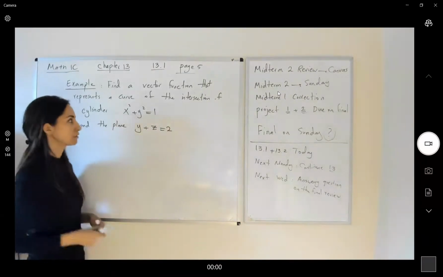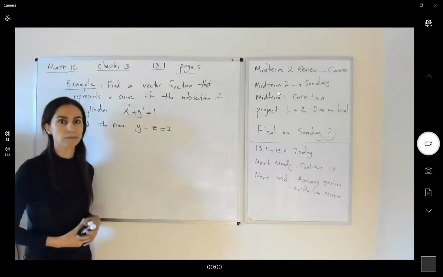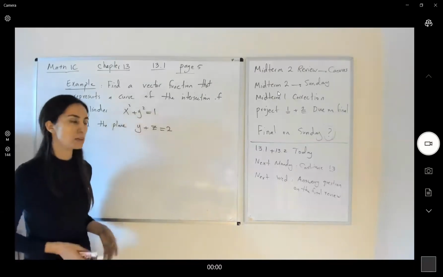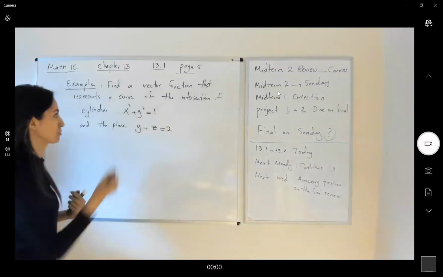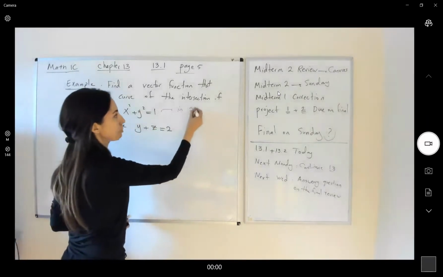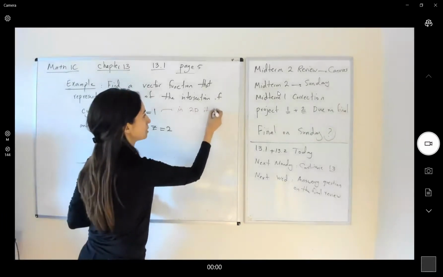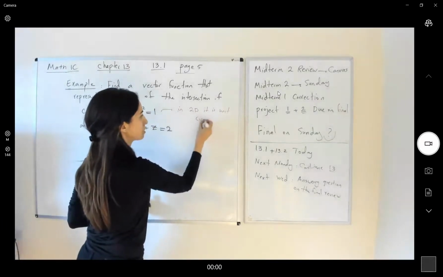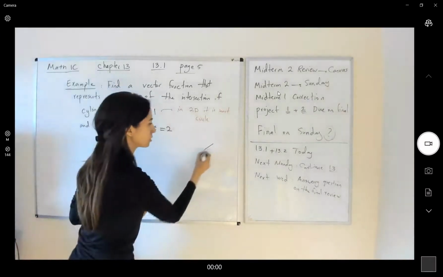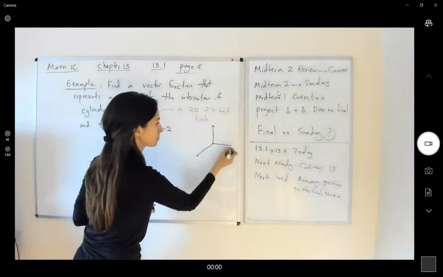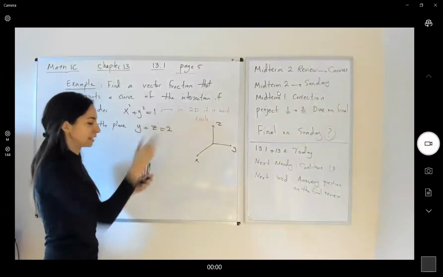So what are we doing? You're taking a cylinder. You might say, hey, professor, it's not a cylinder. It is x squared plus y squared equals 1. It's just a unit circle. That is true if you are in two-dimensional space. In three-dimensional space, what are you doing? You're taking this unit circle in x, y, z, and you're just building that up.